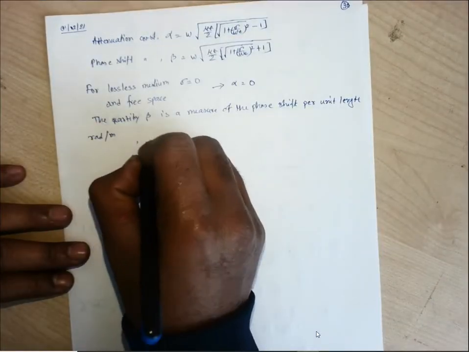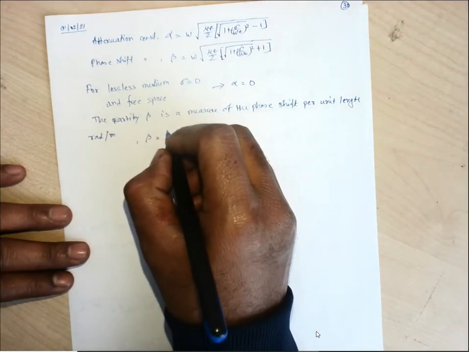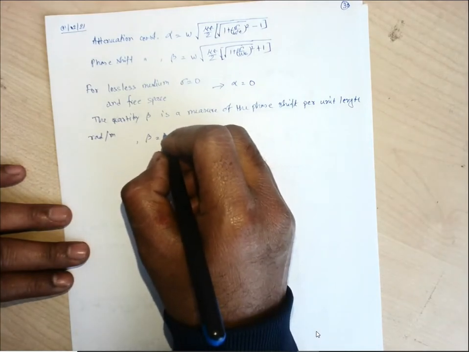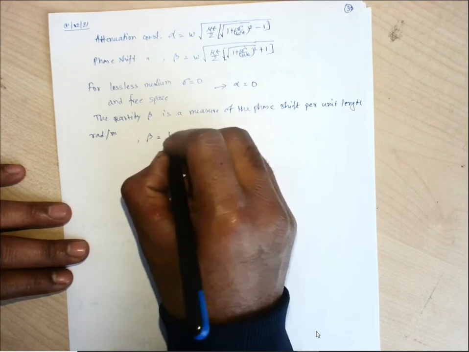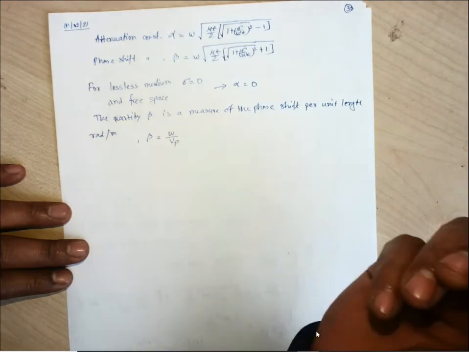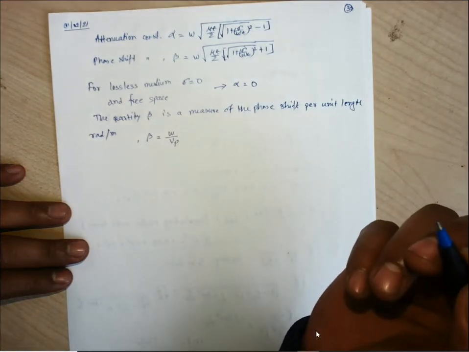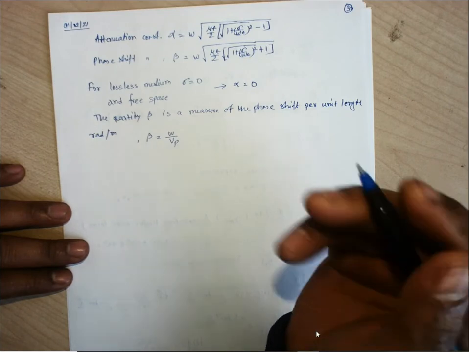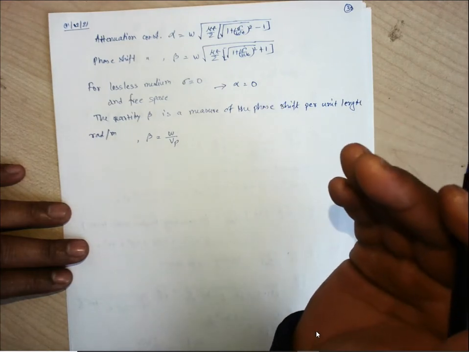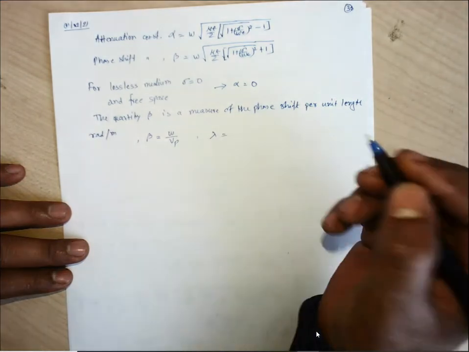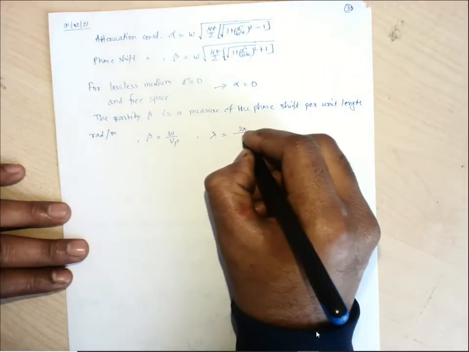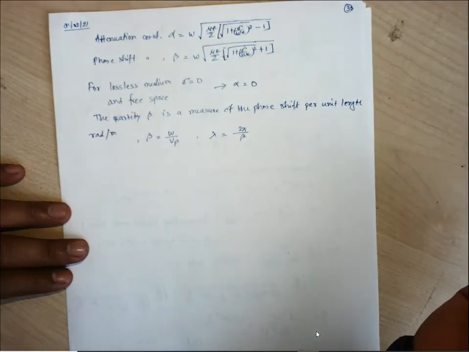This value beta has a relation with phase velocity and frequency of the medium: beta is omega by Vp, where Vp is the phase velocity of that medium. For a particular frequency component, it tells at what speed that component is changing its phase. And we have the relation with lambda: lambda is twice pi by beta.